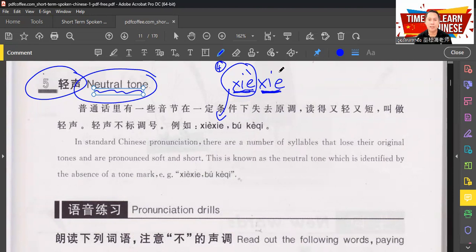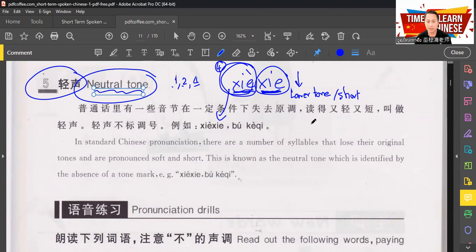Why do we call it like this? Because if the word in front is first tone, second tone, or fourth tone, the neutral tone will go down. 谢谢 is a lower tone, lower and also short.